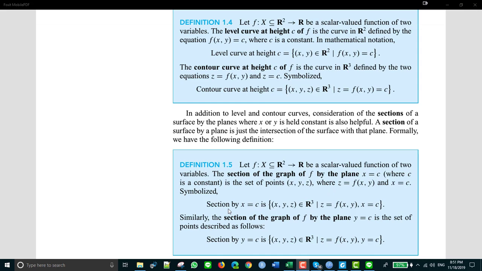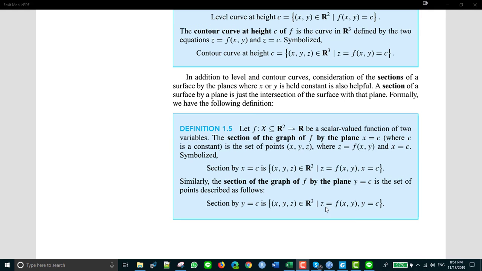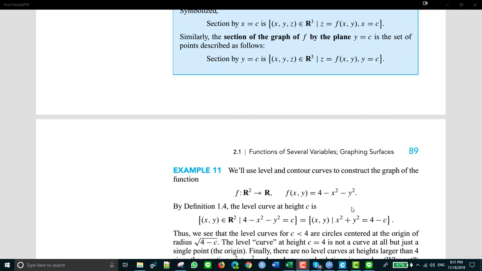So we have our surface, but we're also throwing in an extra equation that x equals c. And the same way we can talk about the section of the graph of f by the plane y equals c, like this. So do they show us pictures?